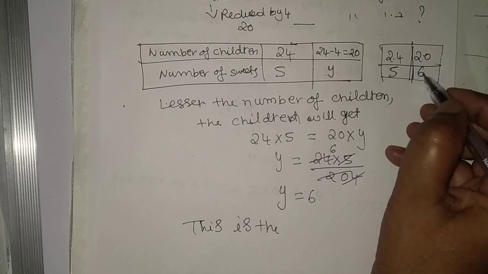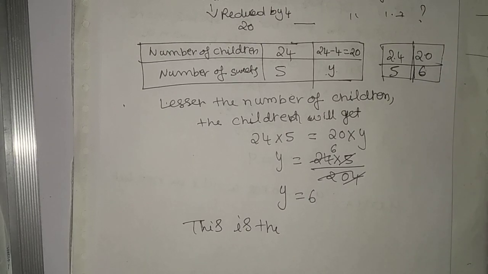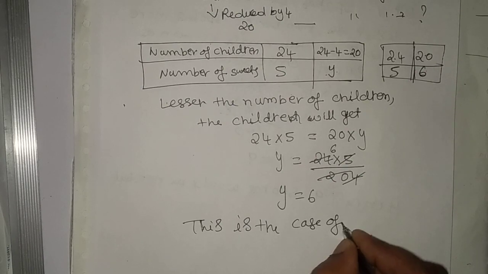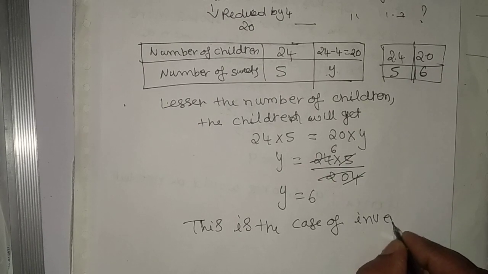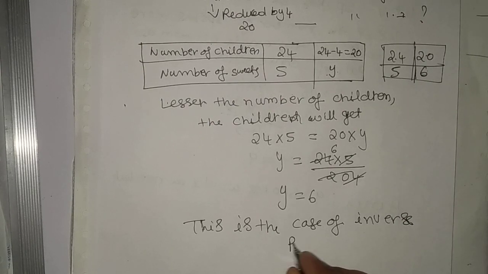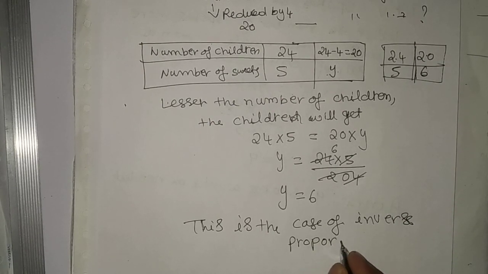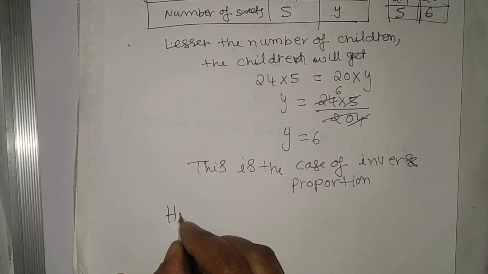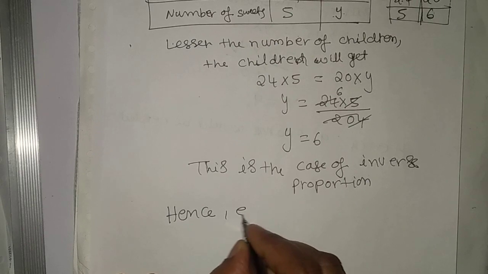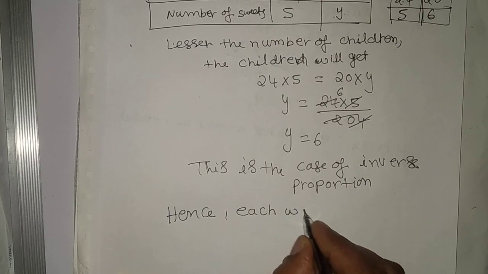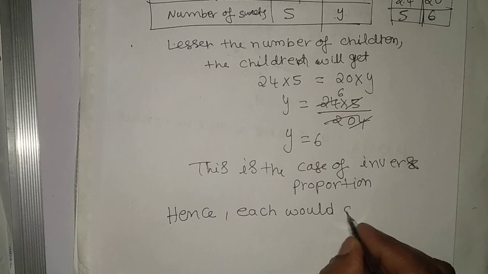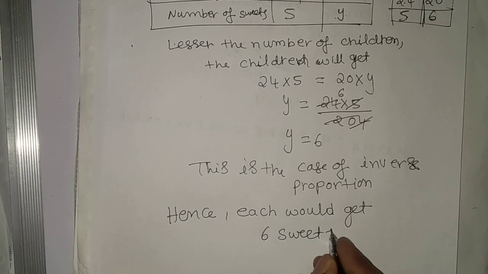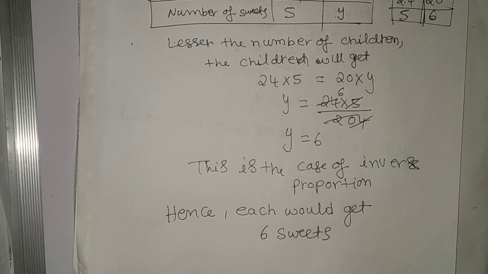When this is reduced, they are getting 6 sweets. Therefore this is the case of inverse proportion. So finally we write, hence each would get 6 sweets.